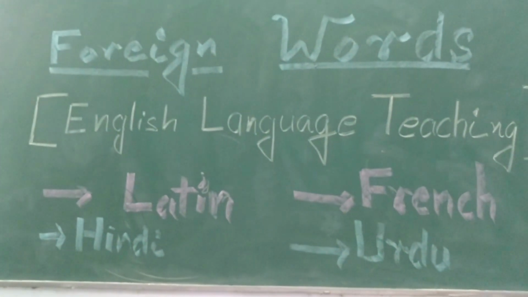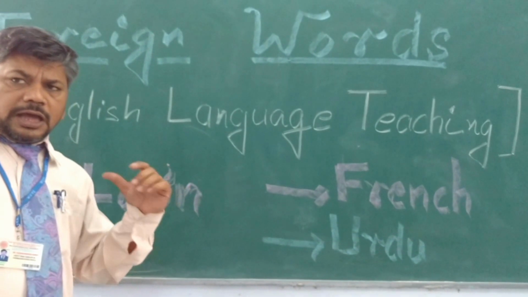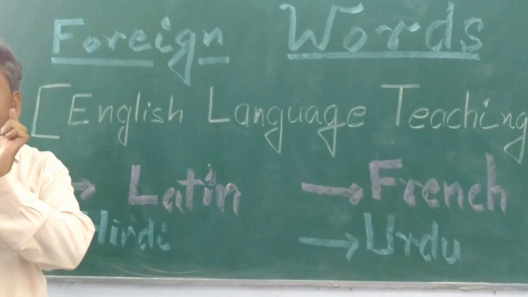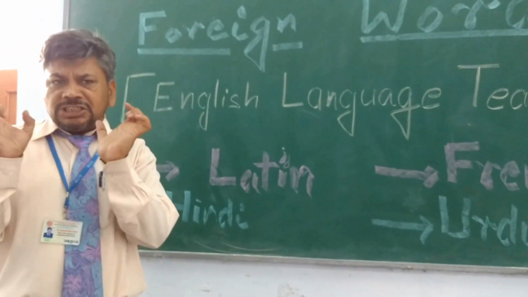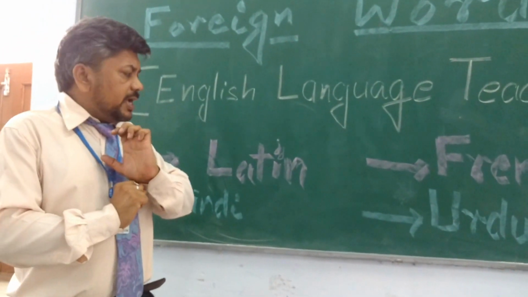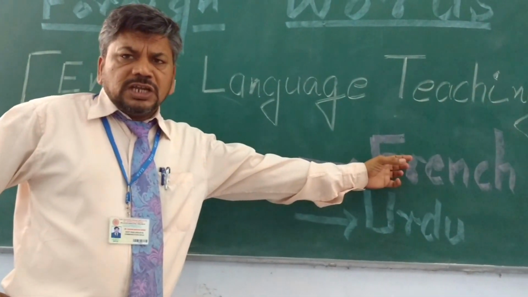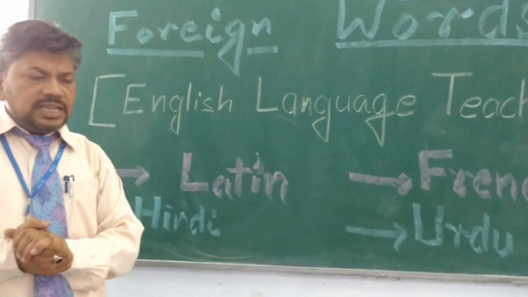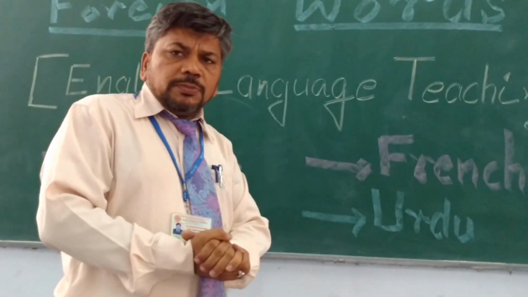And the major concern of the discussion, I would like to repeat, is that the spinal cord of the English dictionary is constructed either by Latin or French loan words, borrowed words, adopted words that are fairly in practice in daily life, and then Hindi and Urdu terminology.